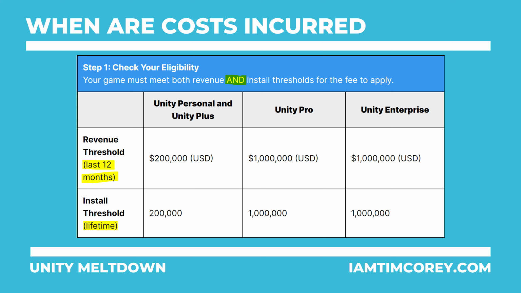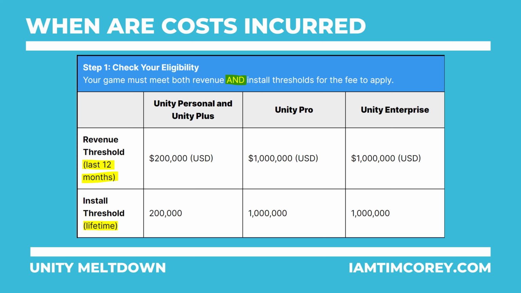So you have to meet two thresholds in order to even be charged anything, because again, Unity Personal is free. So the first threshold to meet is in the last 12 months, have you made $200,000 on that particular game? And that's important here because if you have 5 different games, they don't add up.